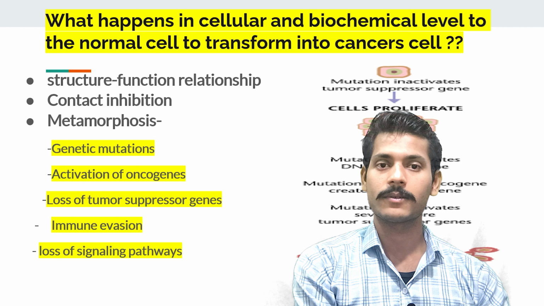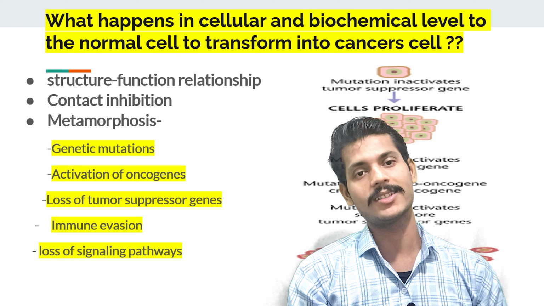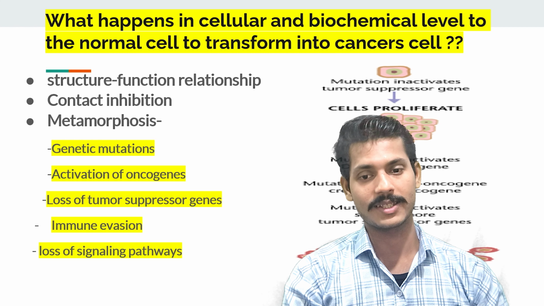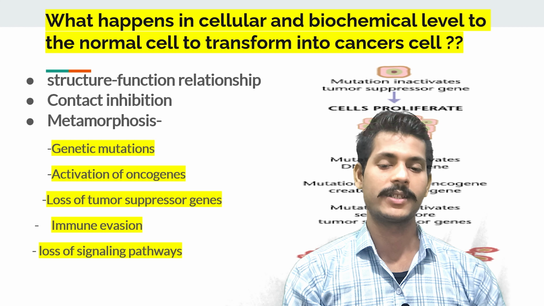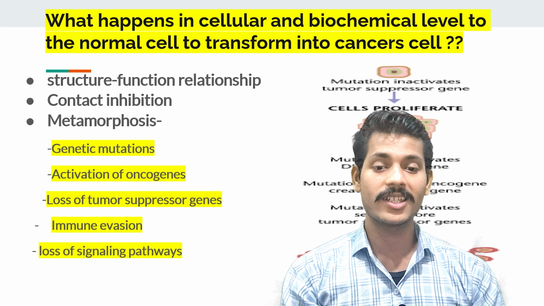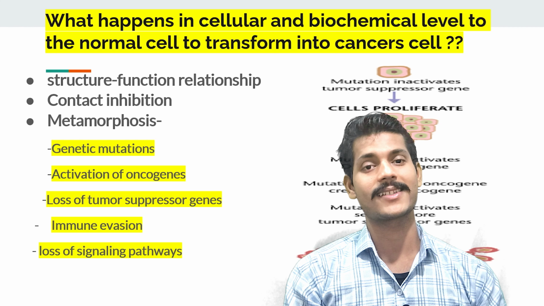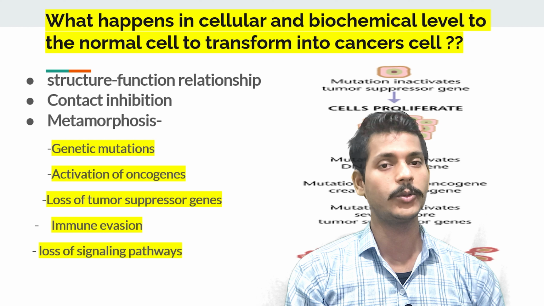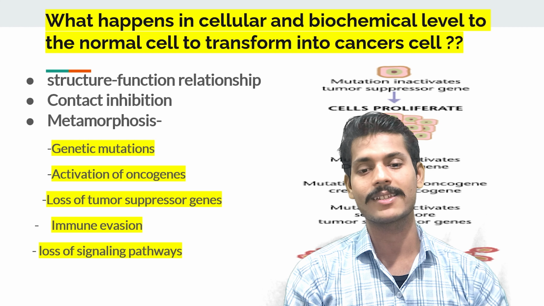Then we also have the tumor suppressor genes, which suppress the hypertrophic growth of the cell. Cancer also loses these tumor suppressor genes. And another one is immune evasion. Immune evasion means when the cancer cells successfully evade the immune system, when our immune system loses the fight with the cancer cell.